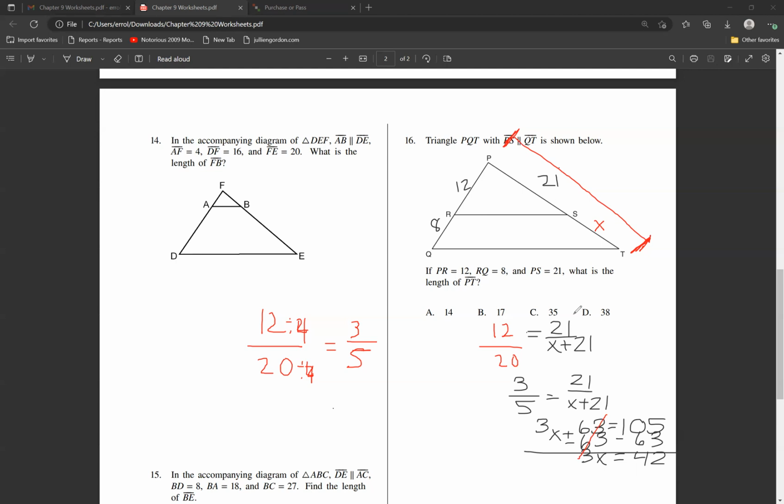What's 42 divided by 3? 14. There you go. Got it. You're on your way to an A plus. The hardest part was just getting this part right, right? If you had x there, this would not work out to 14. This would work out to something else. So make sure you set up the right ratio.